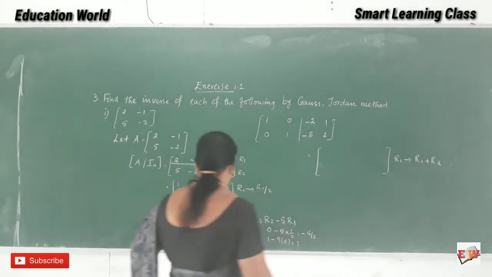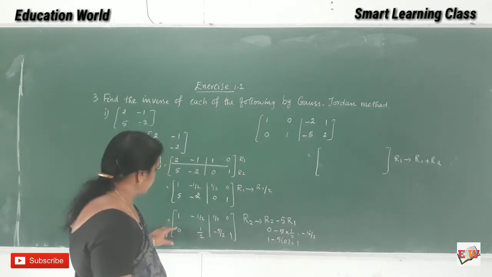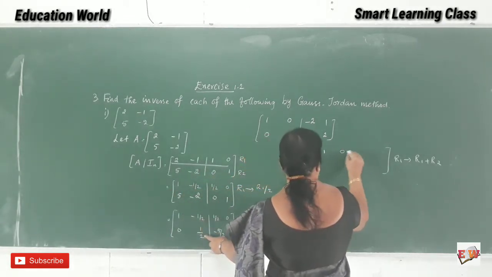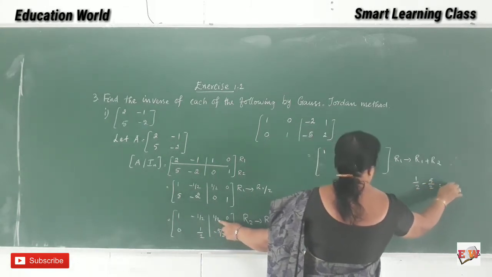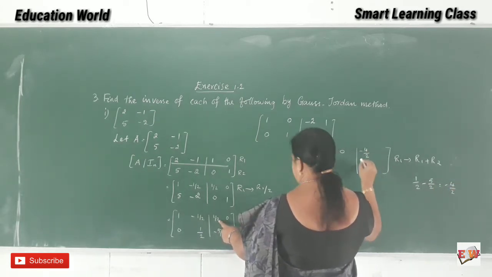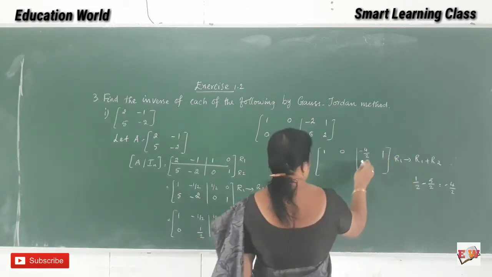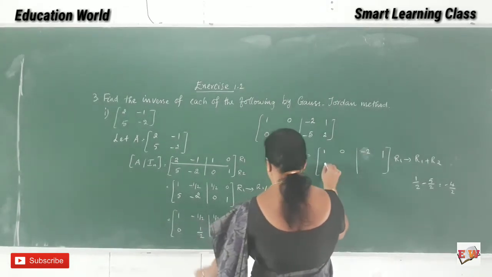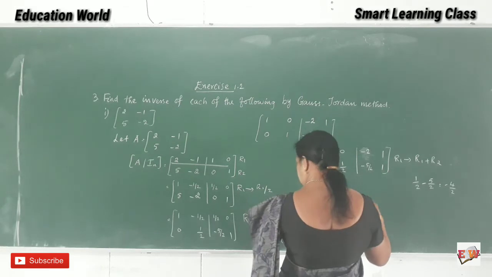See, R1: here 1 plus 0 is 1. 1 by 2 plus 1 by 2 is 0 in the first place. Then 1 by 2 minus 5 by 2 is minus 4 by 2, which we can write as minus 2. Here 0 plus 1 is 1. The second row we have to write the same now: 0, 1 by 2, minus 5 by 2, 1.